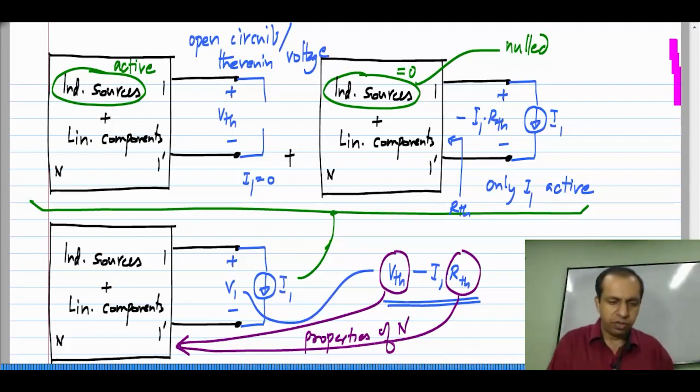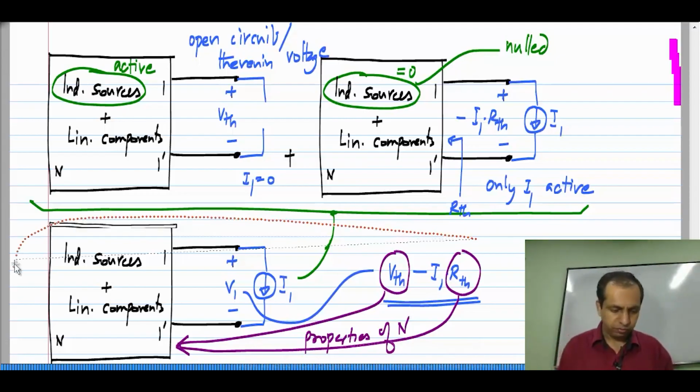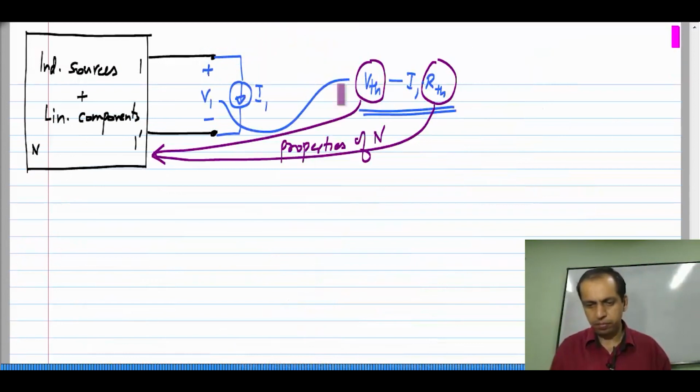The point is the following. The question is, can we come up with a simpler circuit which gives the same voltage when I 1 is connected to it? Okay. And it looks like it is very easy, right.